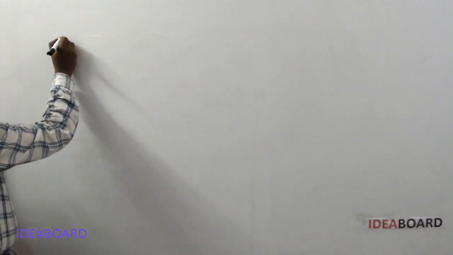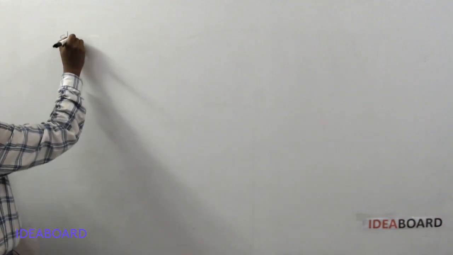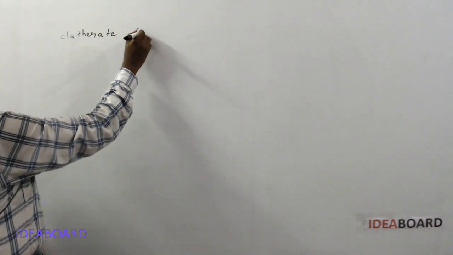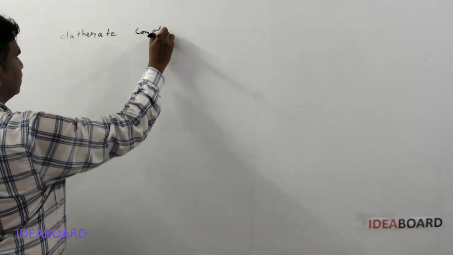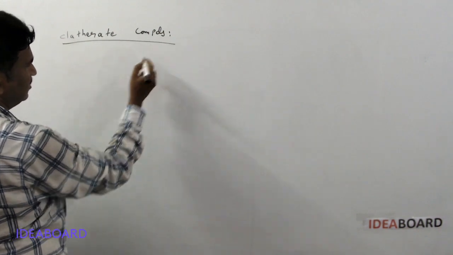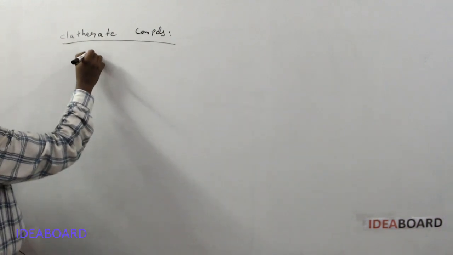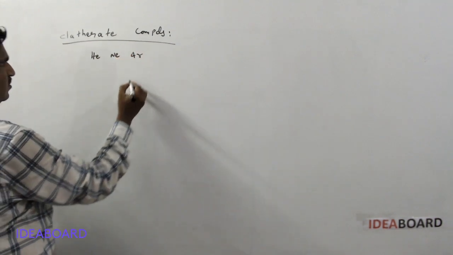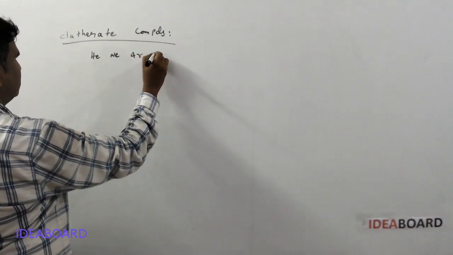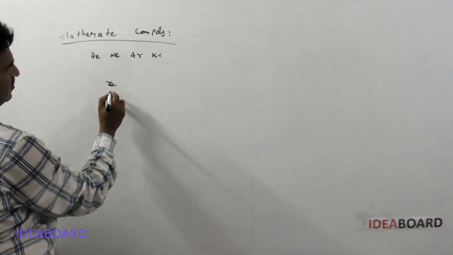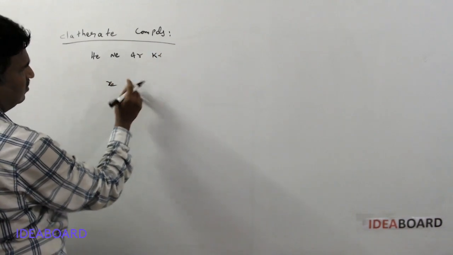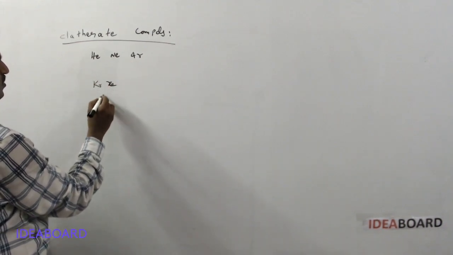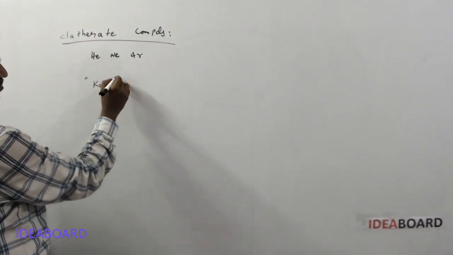Next important property, that is clathrates. Clathrate compound formation. Here when we are taking noble gases, mainly xenon, and a very small amount of krypton also.